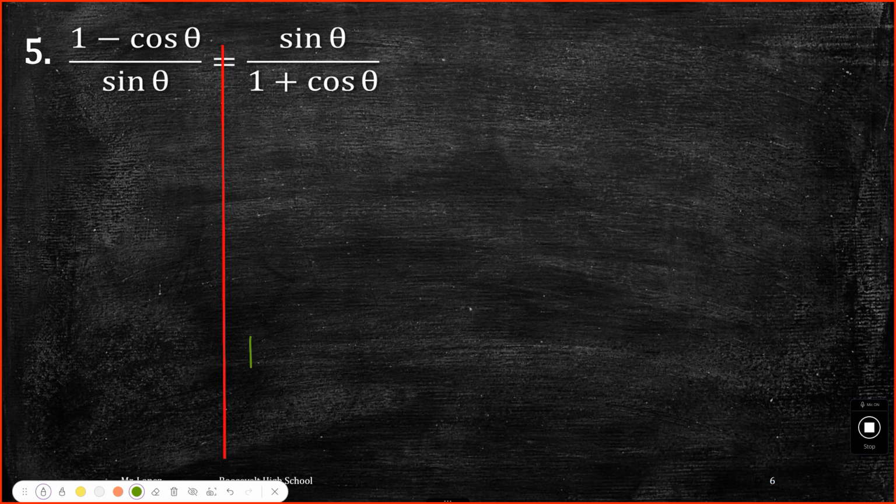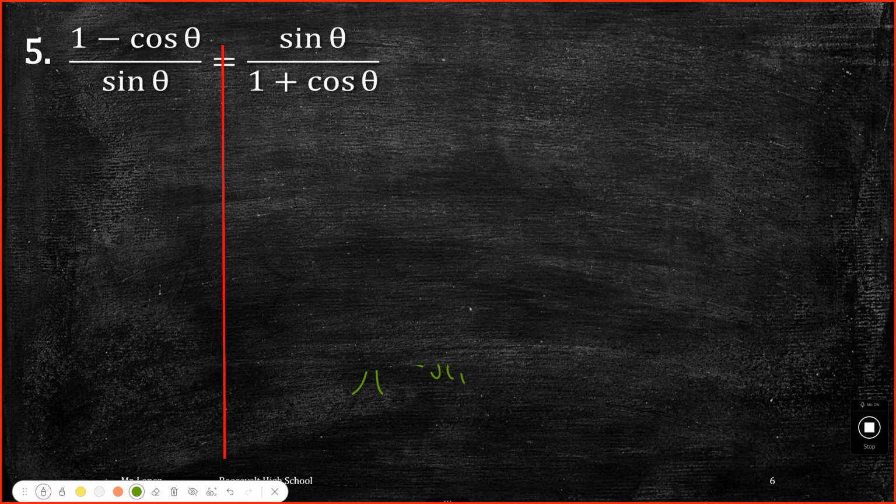Look, if I have 1 plus secant theta, do you know what conjugate means? The conjugate of 1 plus secant theta would be what? 1 minus secant theta. So this idea of conjugate works because in the middle it cancels out.